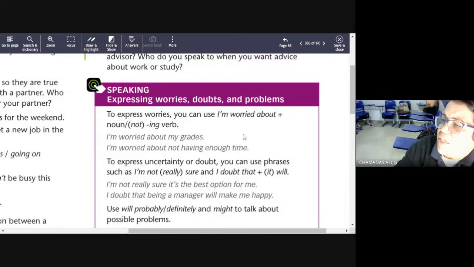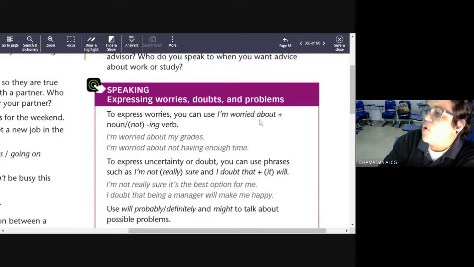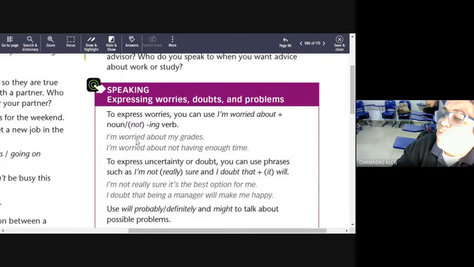Let's take a look here. To express worries, you can use I'm worried about plus a noun, or if you decide to use a verb, you should use the verb in ing form because about is a preposition. So, example, I'm worried about my grades.